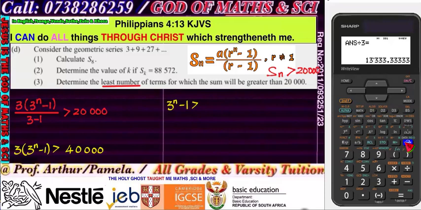For me, I'll write it as 13,333.33 and so on. Now we know the minus 1 must come over there. It must come over, meaning it's going to be plus. So I just add 1 to that number on screen. So this is what I've got.